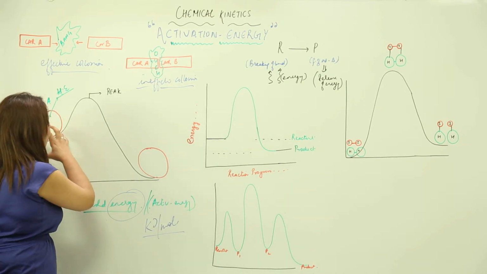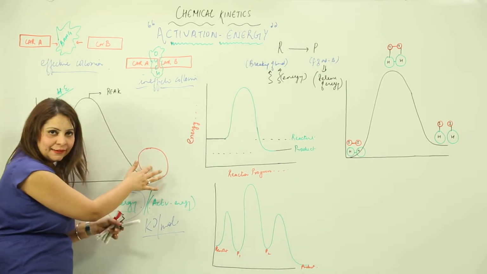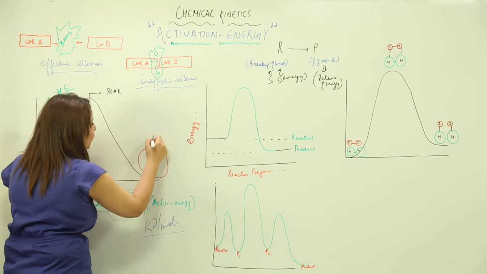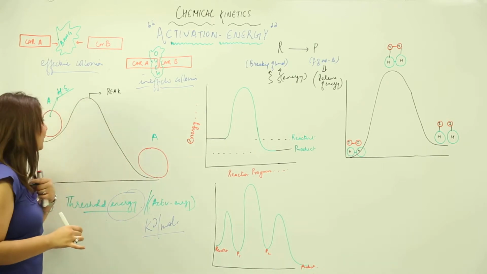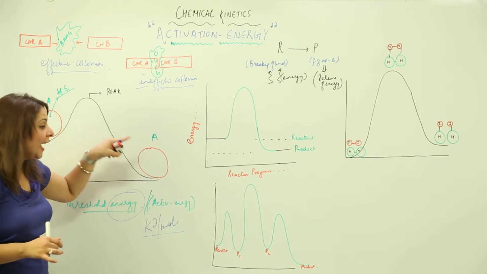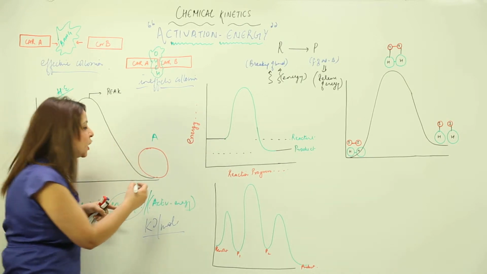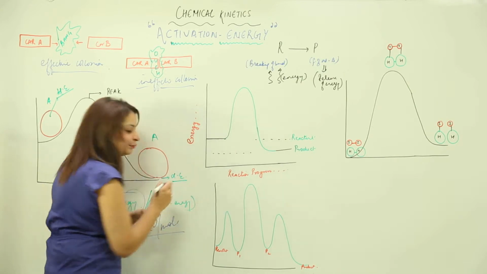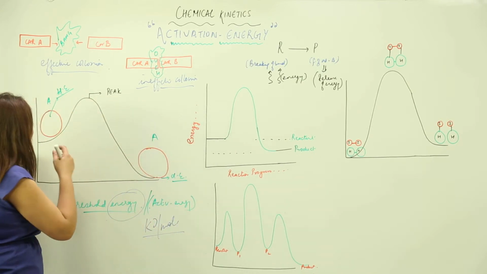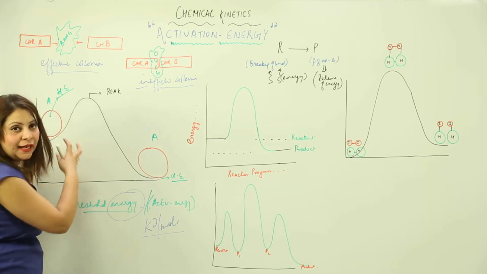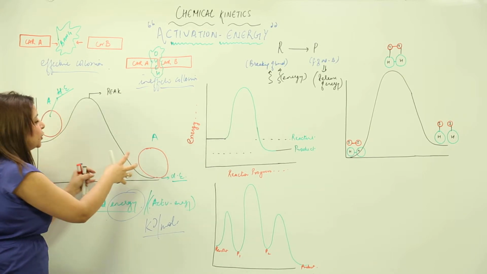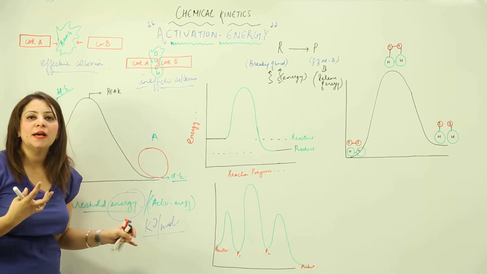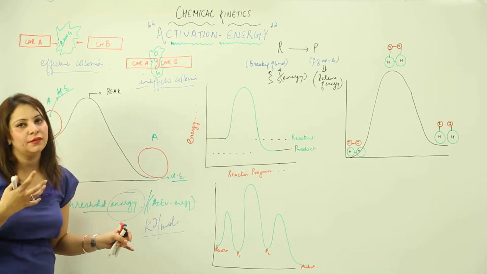We want our ball to move to this point. This is the same ball, not a different one. This point is lower than the other point, so we say that this corresponds to a state of low energy, right. So ball A has to travel from this point to this point, but it is facing a hindrance and cannot travel here.